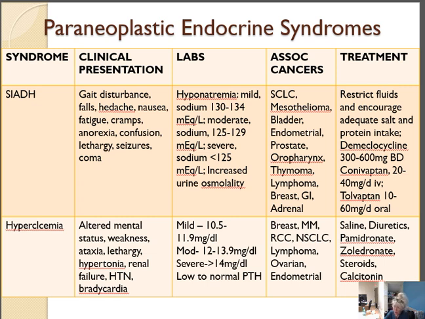A paraneoplastic rise to high hematocrit levels. You'll see these in diseases such as pheochromocytoma, renal cell carcinoma, hemangioblastomas, and leiomyomas.